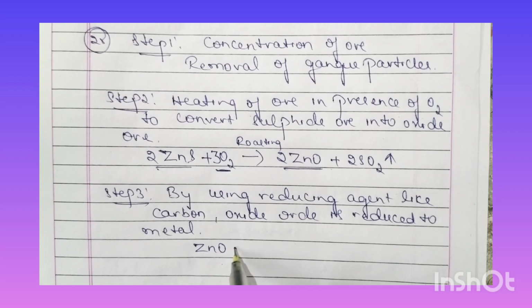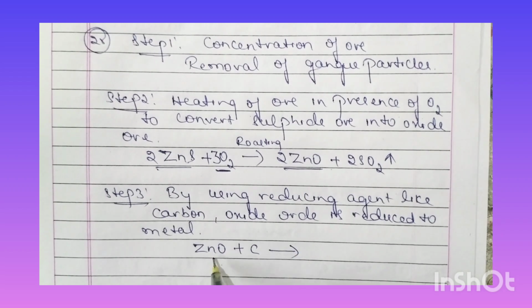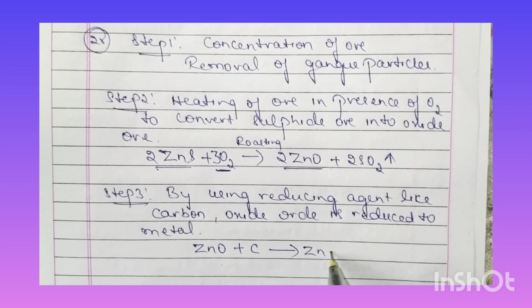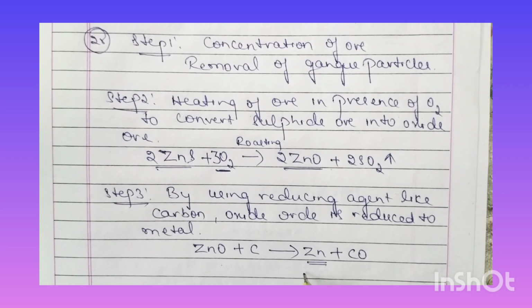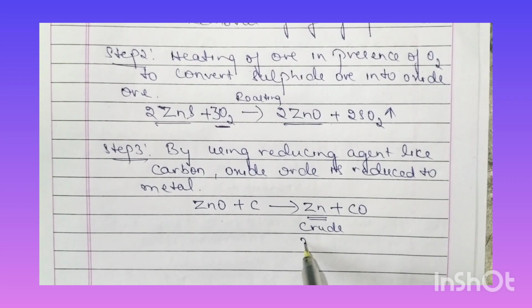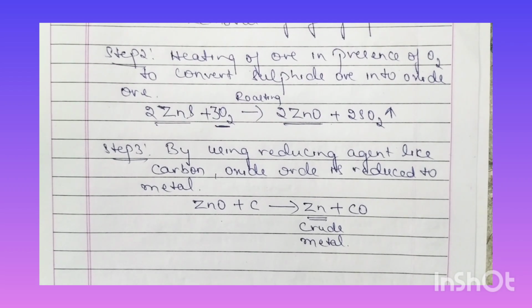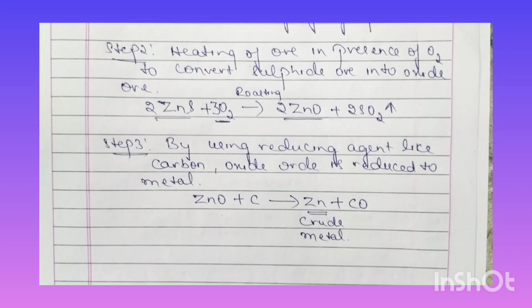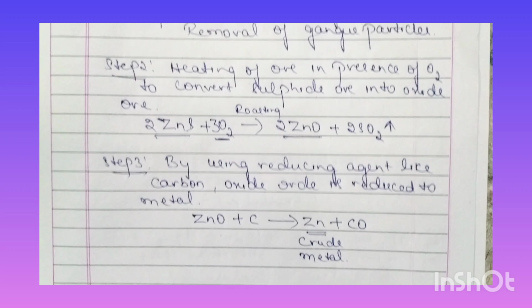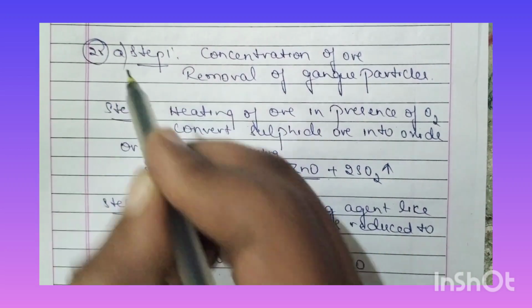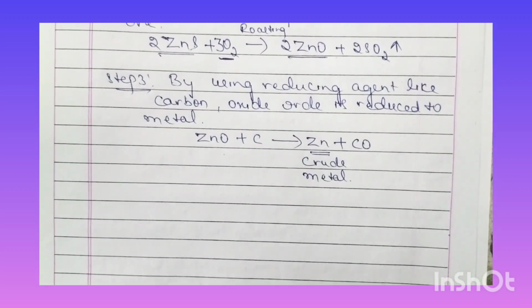ZnO plus carbon give rise to Zn plus CO. So here what metal are we getting? It is a crude metal. So like this, from zinc sulfide we are getting zinc. Then there is another question B inside this. This is question A. Now let us move to question B.